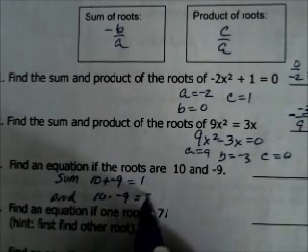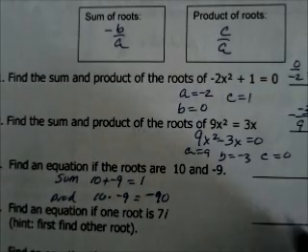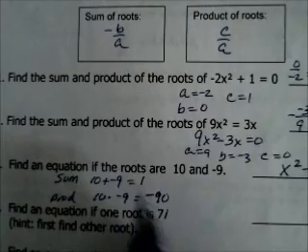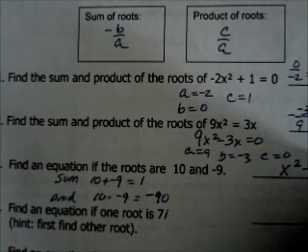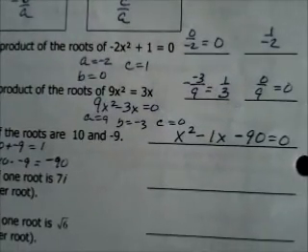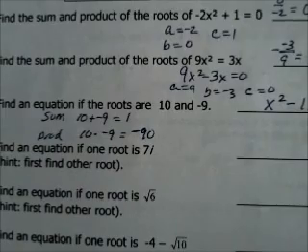It's negative 90. All right, so this would be x squared minus the sum, minus 1x, plus the product, negative 90, minus 90 equals 0. That's x squared minus 1x minus 90 equals 0.